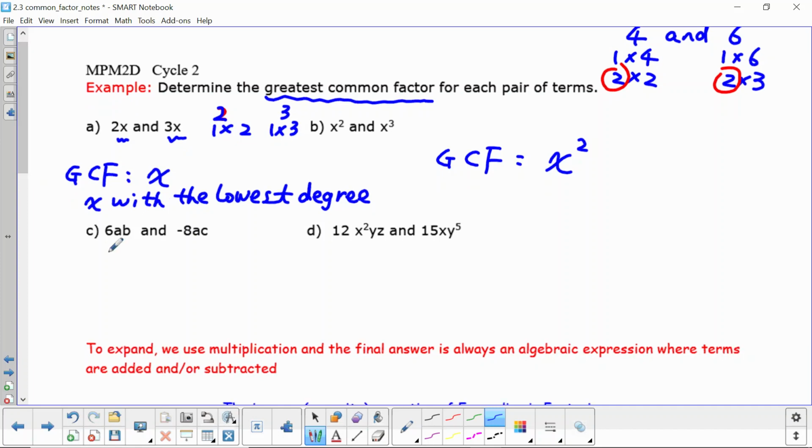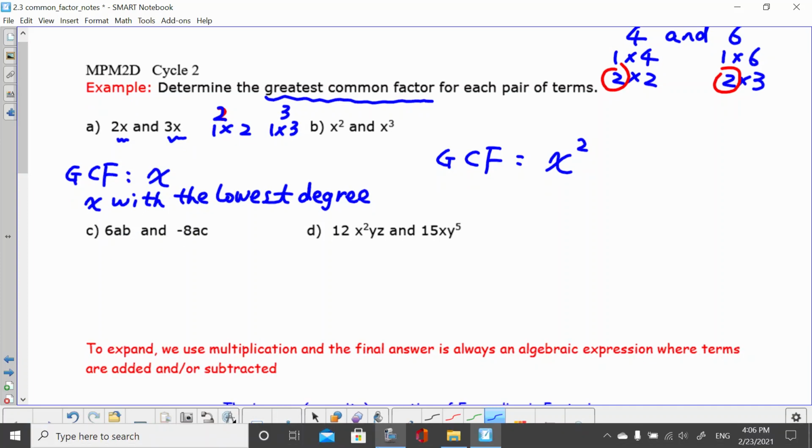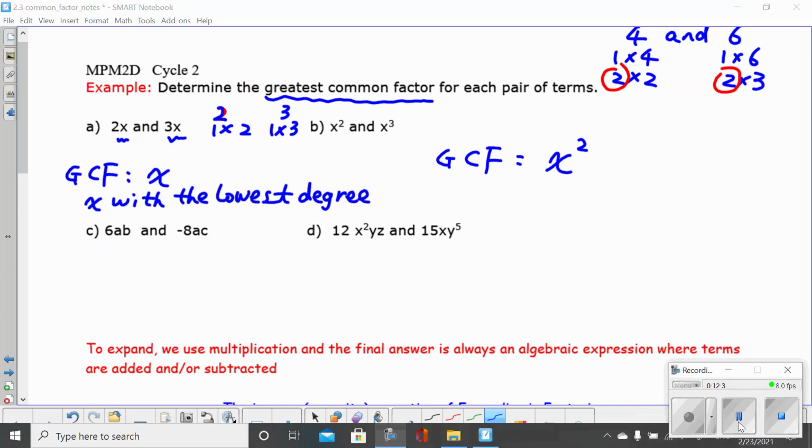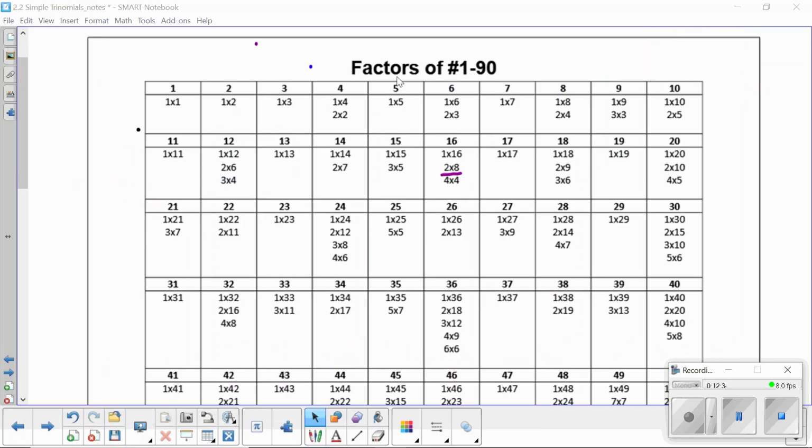Then we continue with this one, 6 and -8. We are going to use the factors number sheet that you got. So for 6 and 8, we look at these 2 columns and see what is the greatest common number. So 1, 6, 2, 3, 1, 8, 2, 4.